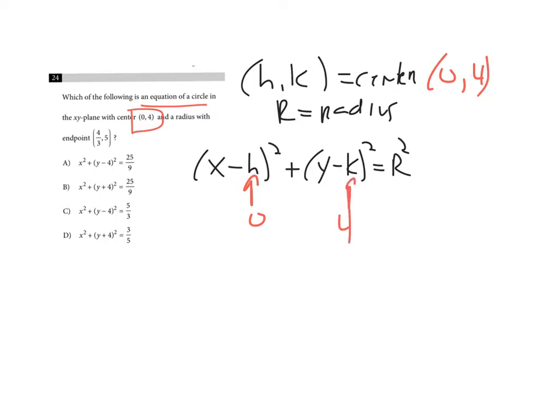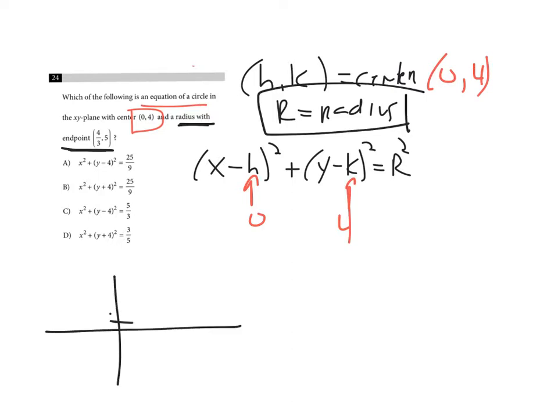And they're telling you not what the radius is equal to, but a radius with an endpoint. So here's what we have going on. We have the center of the circle at 0, 4, and then a radius of the circle is at 4/3, 5. Now 4/3 is the same as 1 1/3.